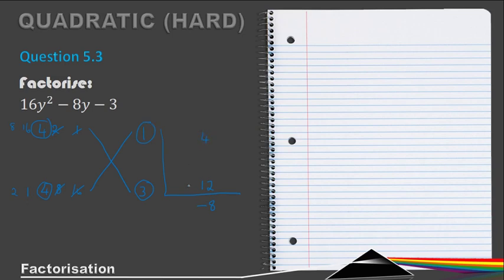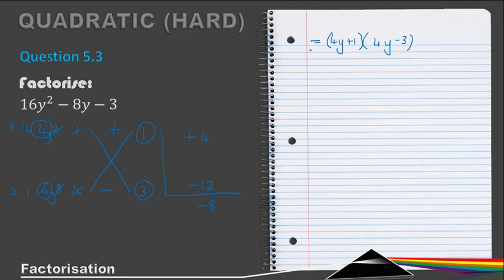Now to get negative 8, I need to say minus 12 plus 4. So this plus goes over here, and this minus goes over here, and then we can just put the y's over here, then that's our answer. We've got 4y plus 1, and then 4y minus 3.